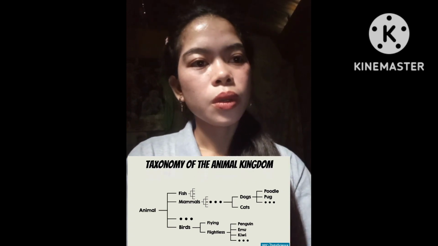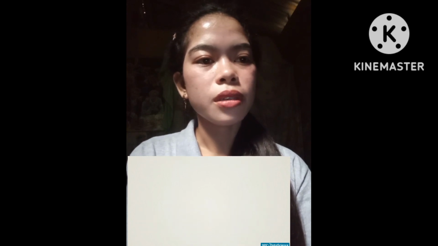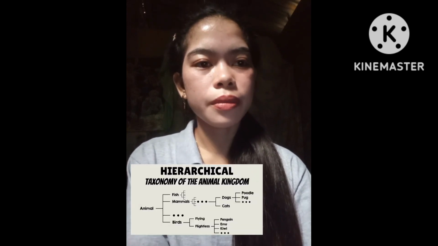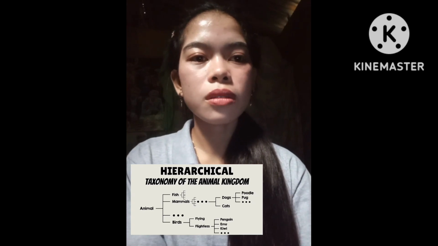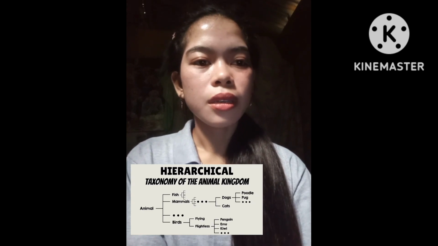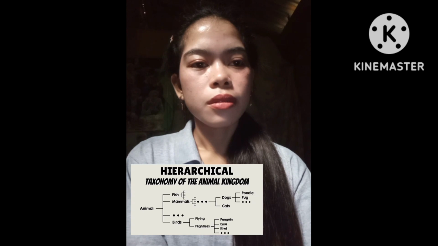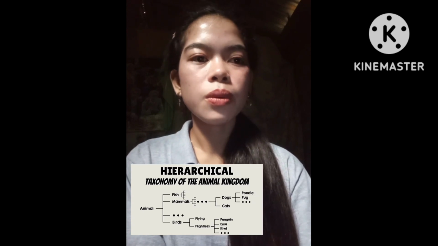So, we have animals: fish, mammals, and birds. For mammals, we have dogs and cats. For birds, we have penguin, emu, kiwi. So, that way we have different animals in the hierarchy.